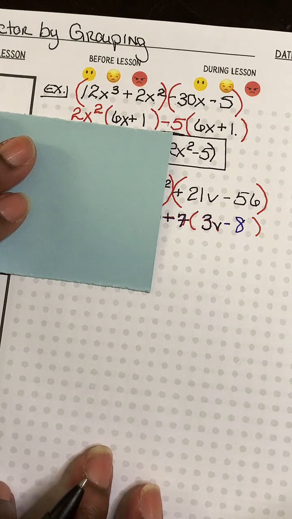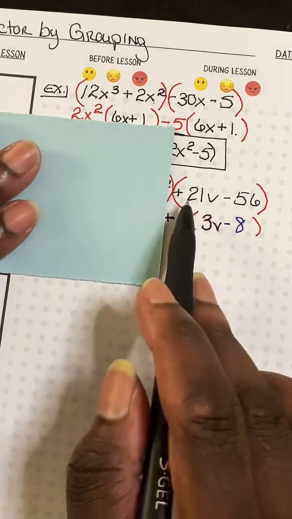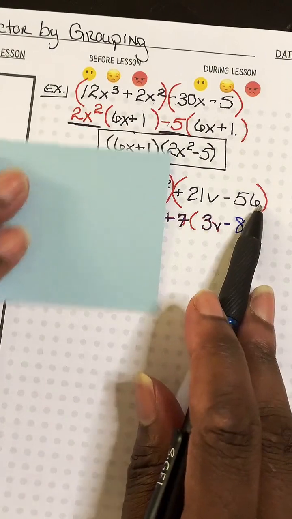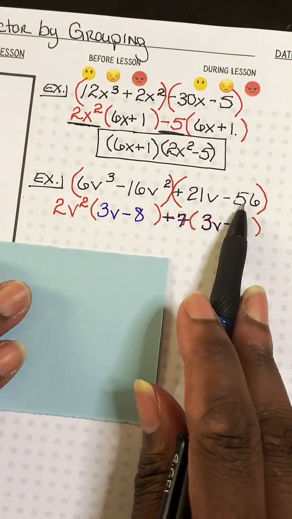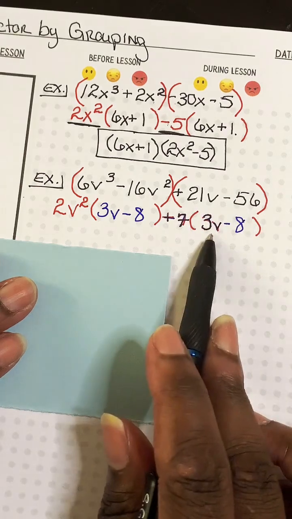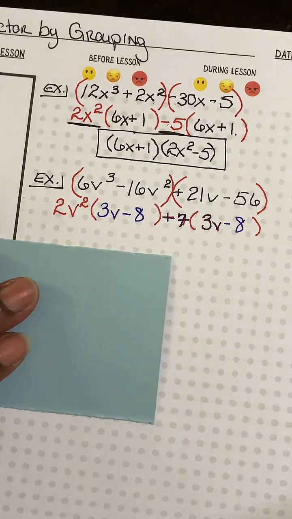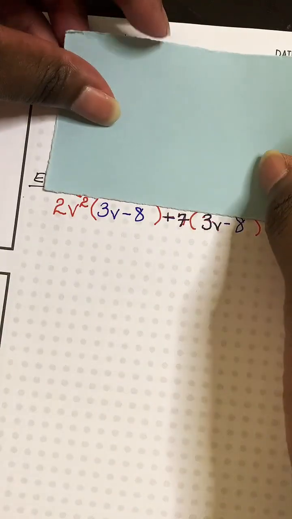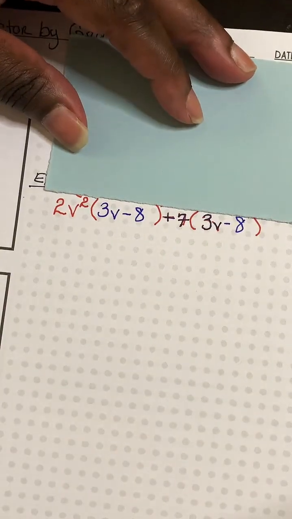Good. Yes, it does. Okay, so once you do your division, you're basically finding the GCF of each of the parentheses, and then you divide by their respective parenthesis. And after you do that, what do you notice? Let me cover up the original.